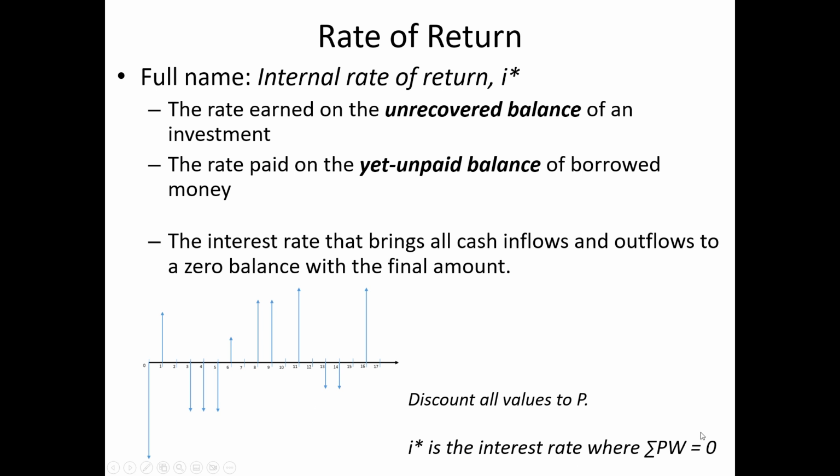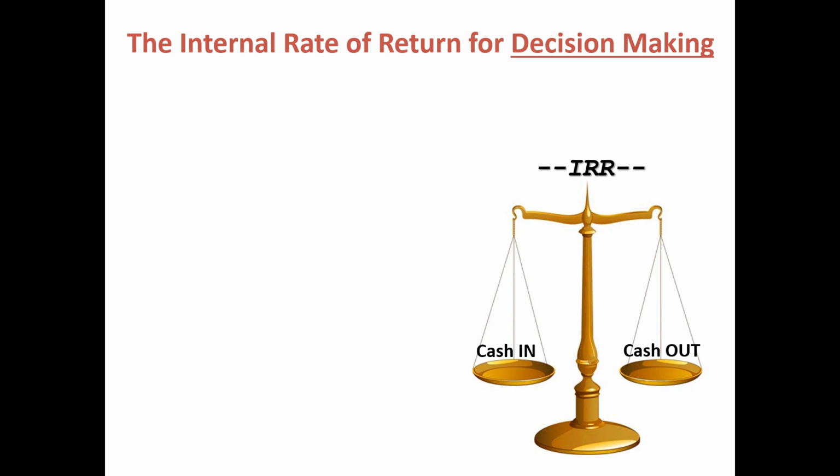So we'll use goal seek, and our goal is that the sum of the present worths should be 0. So this scale is depicting the fact that internal rate of return is balance between inflow and outflow when all of the amounts have been discounted to the present.